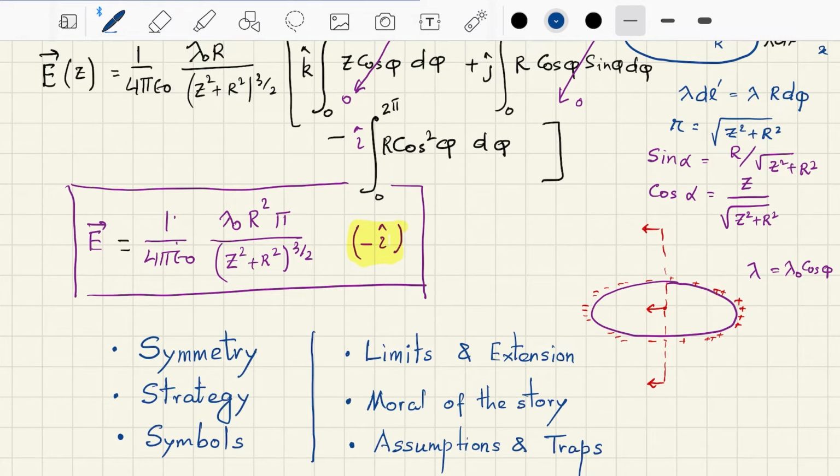The mathematics, the integral in this course should always be simple enough that you don't have to worry about not getting an answer because of not knowing how to integrate or differentiate. We want to focus on the physics of it.